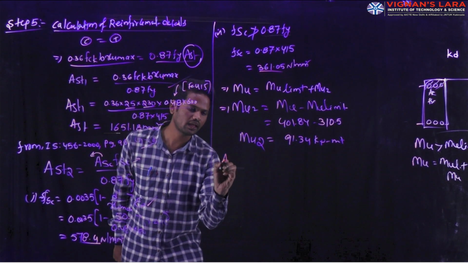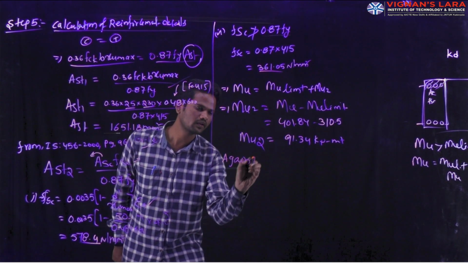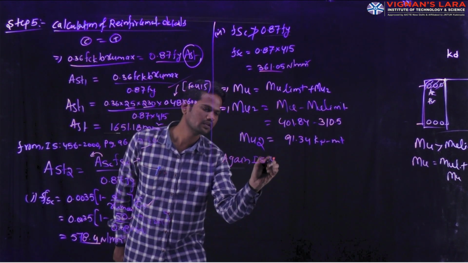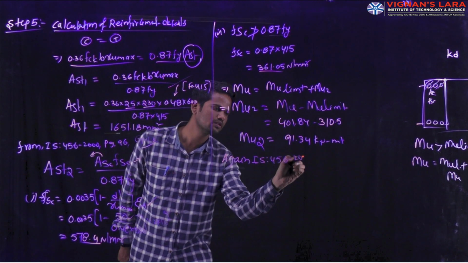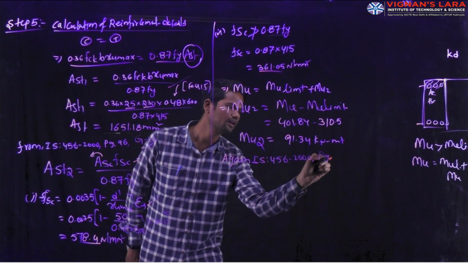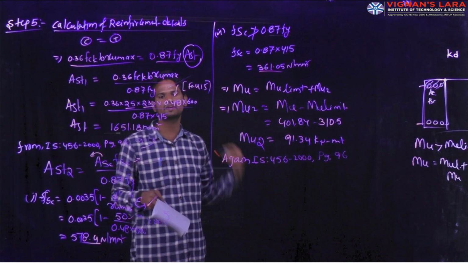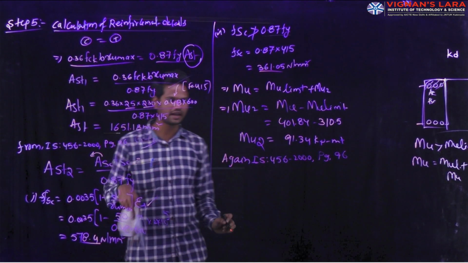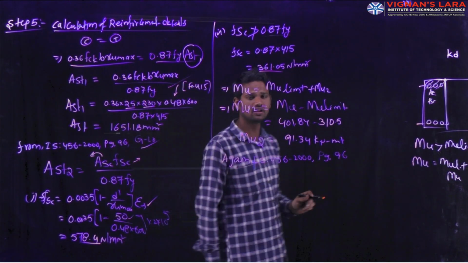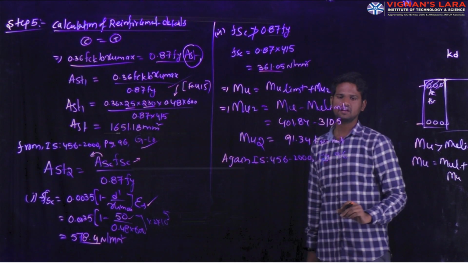Again from IS 456 2000 page number 96, we have the formula to resist this additional moment.